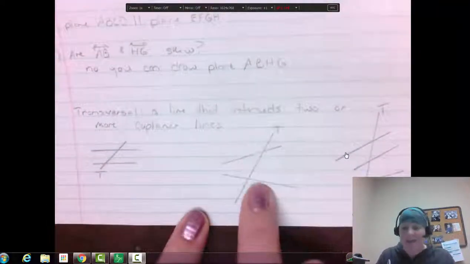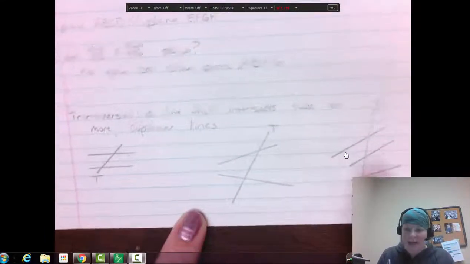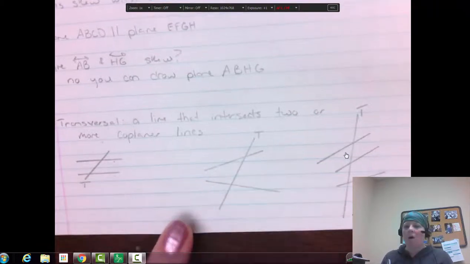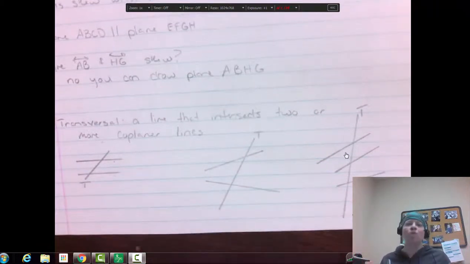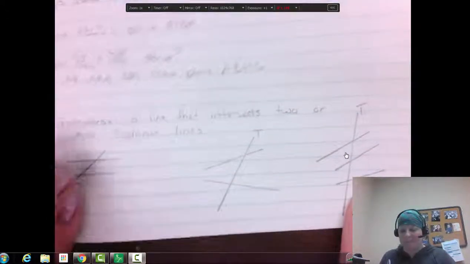Or they could not be parallel lines and you have a transversal, or there could be three lines and you have a transversal. I labeled the transversals with a T. All it is is a line drawn through two or more other lines, and you'll usually see it in exactly this type of pattern.